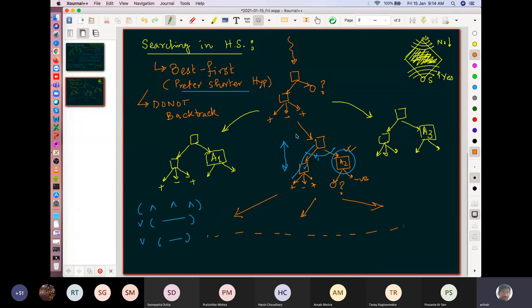So you can easily see that your hypothesis space is complete, the set H through which you can reason. Set H contains every hypothesis. This could be your hypothesis 1, this could be your hypothesis 2, this could be your hypothesis 3. So the whole space is actually complete. It contains every possible hypothesis.